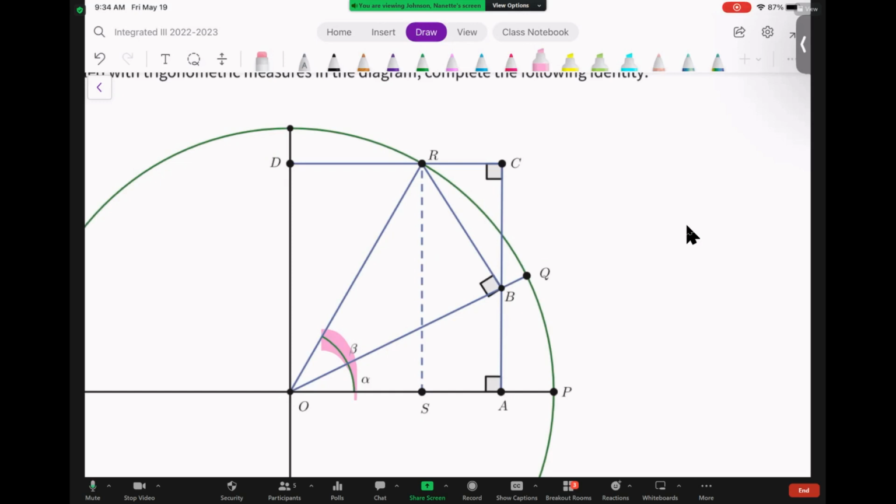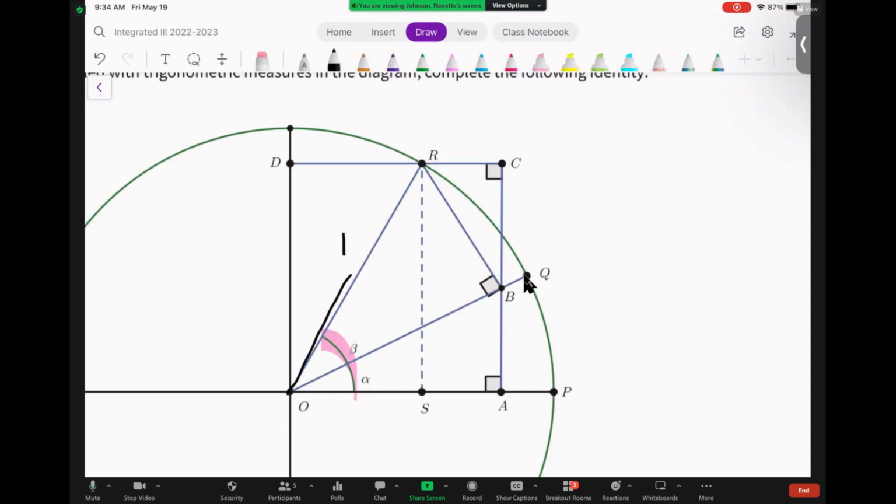The confusing part is the only information that they kind of gave me is the fact that this is a unit circle and this hypotenuse right here is 1. Now, the hypotenuse from this right triangle OBA is not 1, because 1 goes all the way from O to Q. Okay, so your radius is going to be this.